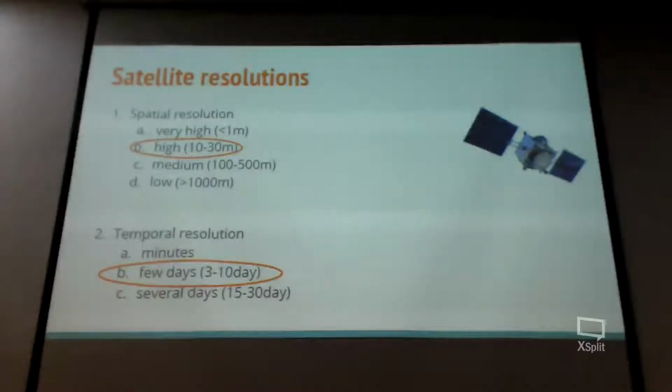The frequency of the pass of the satellite can range between 3 and 10 days, maybe. Now, with the Sentinel-2B that was launched in March of this year, we can say that it is lower than 5 days.